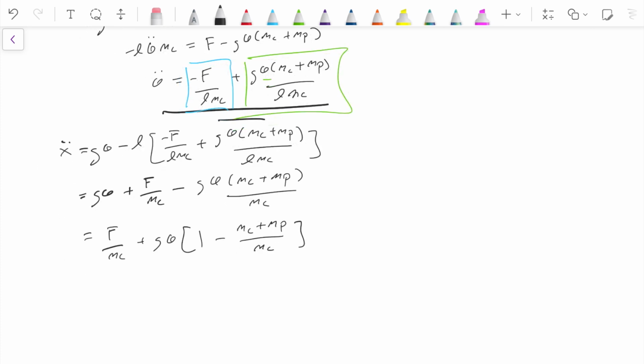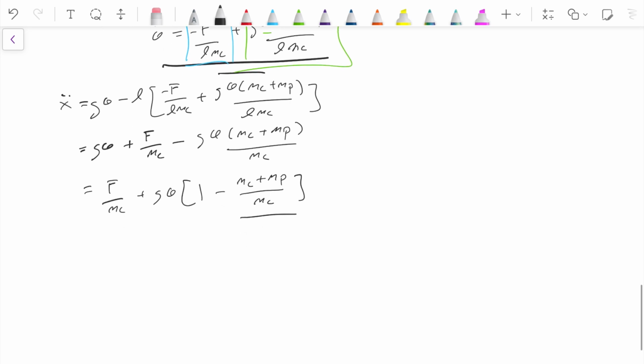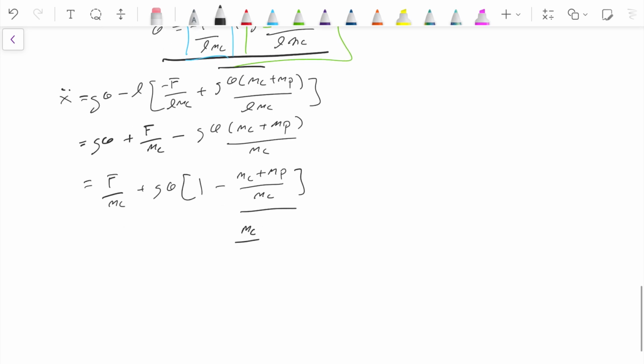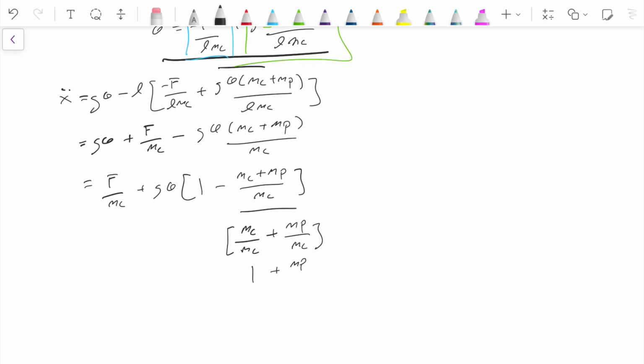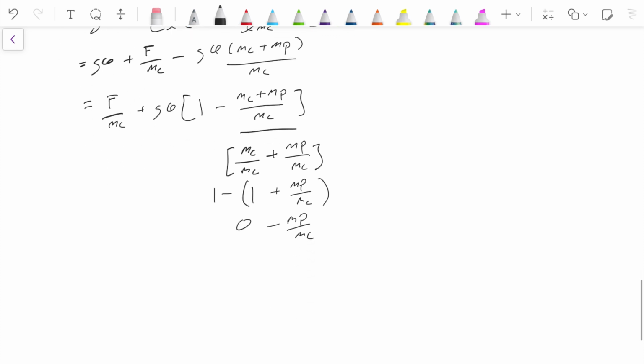Okay, so we can see that this can be reduced to the following form. Mc over Mc will just be 1 plus Mp over Mc. And so we have 1 minus this, and that's going to distribute through, so that's going to be a minus. So that's 0 minus Mp over Mc.